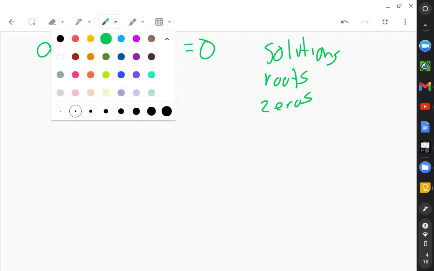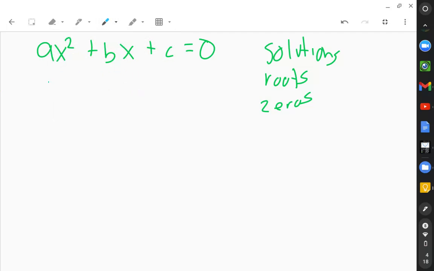So let's work on one function here. We're going to first start with quadratics where a is equal to 1. So let's focus on x squared plus 10x plus 16.